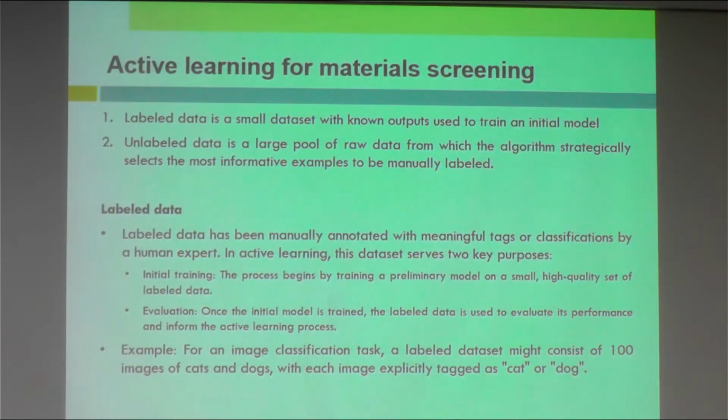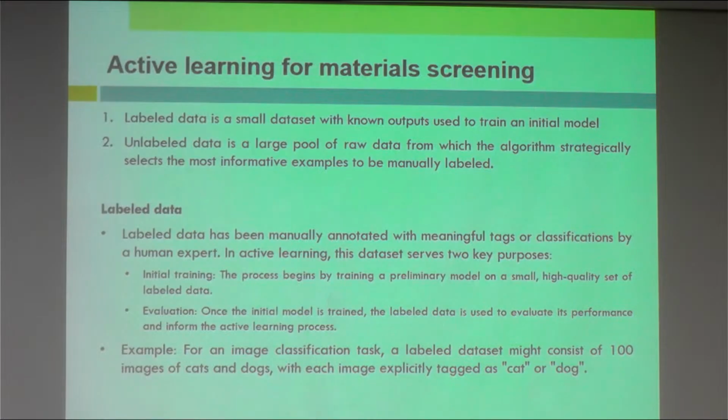So here we see that it has to be a human to label all the material or information as provided. So this will be someone who has expertise in a certain area. So the labeled data here has been manually annotated with meaningful text or classification by a human expert.